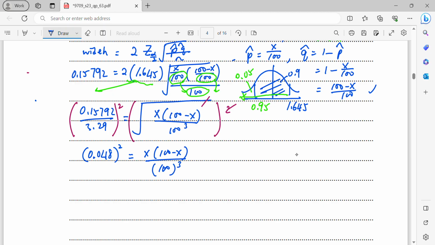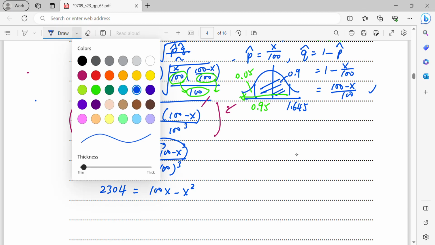Okay, then now this 100 cube will be moved up. So when I multiply, I will get 2304 equals to x. This one I will do expansion. So I will get 100x minus x squared. Okay, then now I will rearrange this to get a quadratic equation.